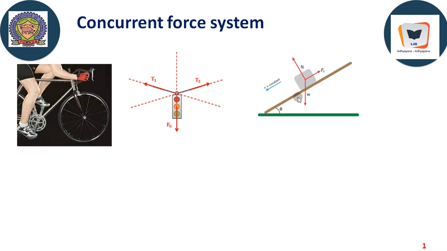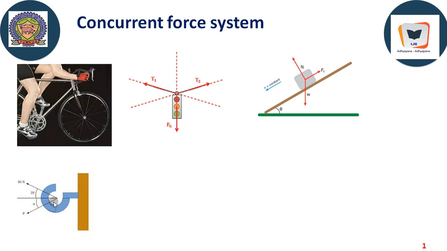The weight over the inclined plane and the components of the weight: one in the direction perpendicular to the incline, the other the frictional force, another component of the weight which is acting in the downward direction of the slope at the mass center of this particular body.